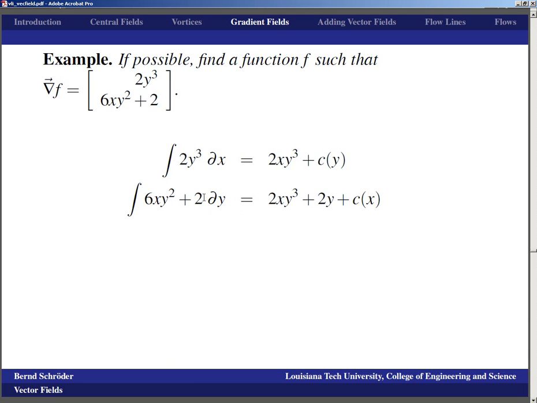The antiderivative of 2 with respect to y is 2y, and then we have a c of x here, because again, if I were to take the y partial derivative of this right-hand side, the derivative of anything that only depends on x would be 0. As a double check, the derivative of 2xy cubed with respect to y is 6xy squared, and the derivative of 2y with respect to y is 2.